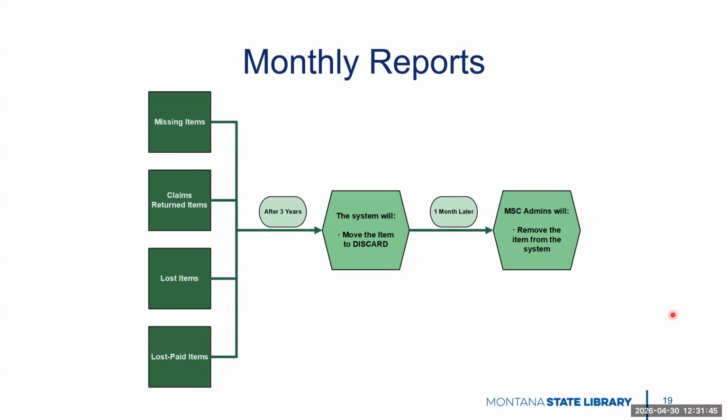So for the missing items checked out to your missing accounts, for items that are marked claims returned, items that are in a home location of lost or lost paid, after 3 years, the system will move that to discard, and then that next month we'll remove it from the system.